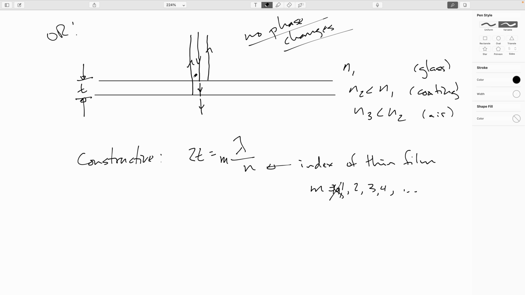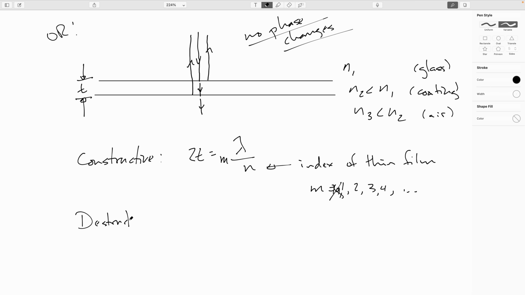So if I can make it so that the reflected light, when it comes back, will be 180 degrees out of phase with the light that reflected off the top of the coating, then there won't be any light reflecting back because it will have interfered out, and that forces the light to go on through, which is what we'll want there. So looking for destructive interference.